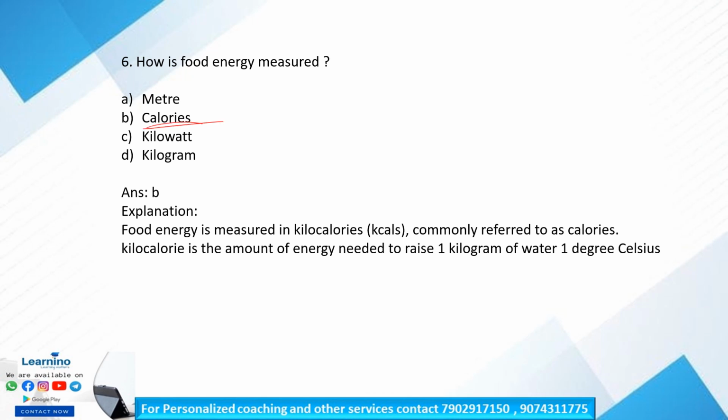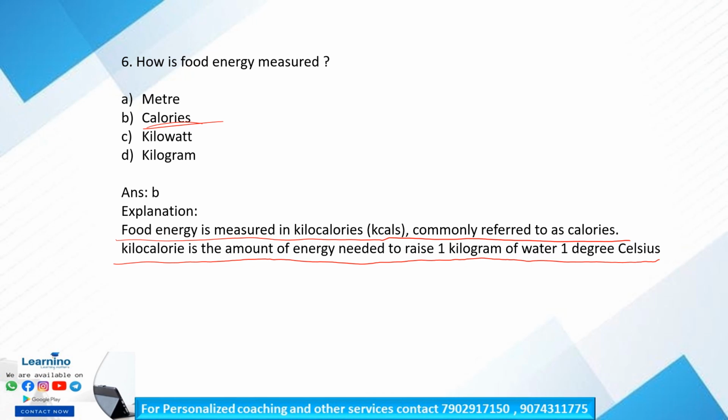Clear? So we go to the explanation first. Food energy is measured in kilocalories, commonly referred to as calories. A kilocalorie is the amount of energy needed to raise 1 kilogram of water by 1 degree Celsius. That much energy is to be burnt, similar to burning 1 kilocalorie.